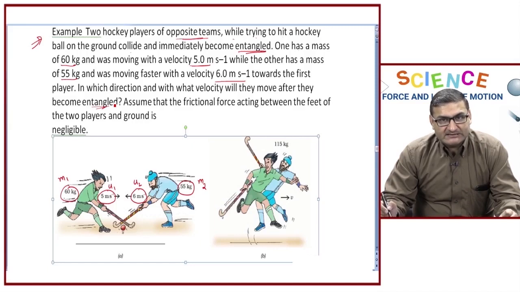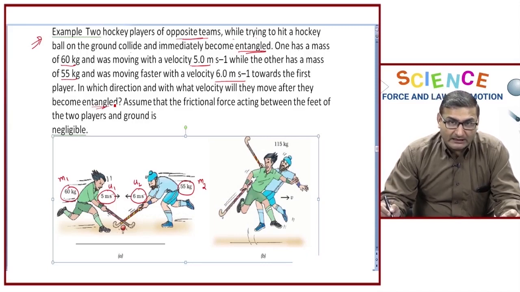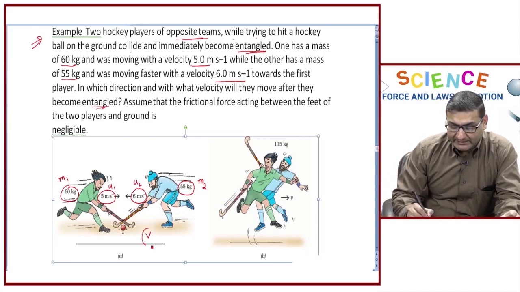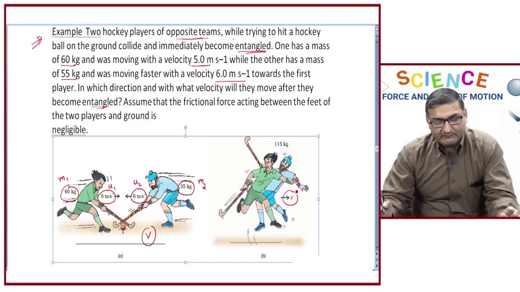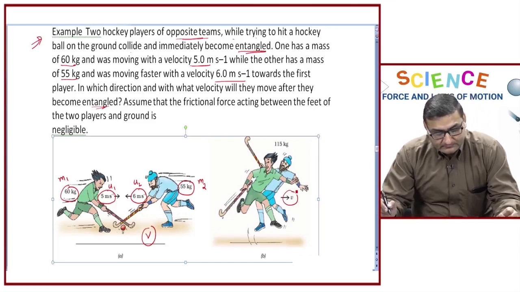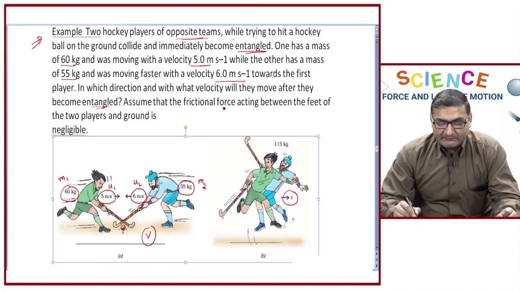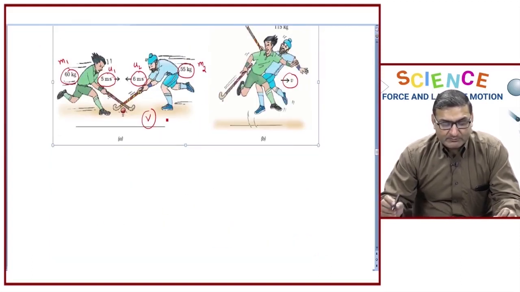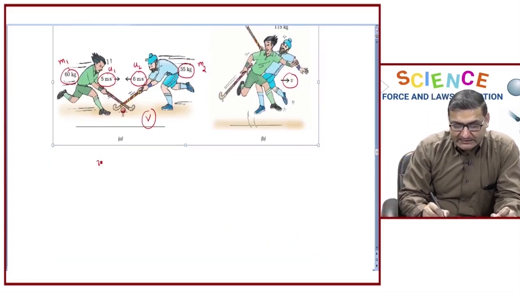Quite importantly, because they are entangled, once again their velocities will be common. Fine. Let the common final velocity be v. This is the common final velocity, right? Assuming that the frictional force acting between the feet of the two players and the ground is negligible. All the information is provided to us in the question. Let us see how.